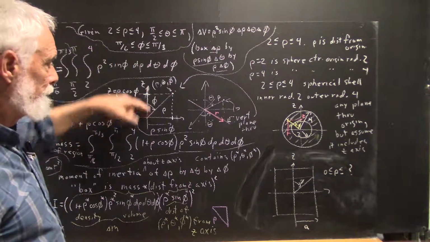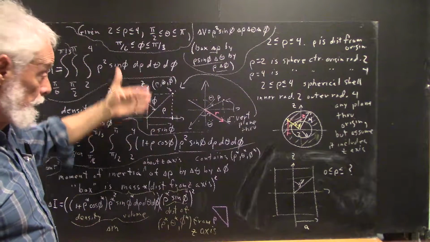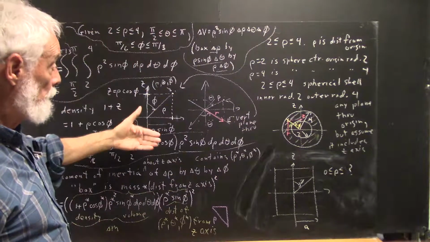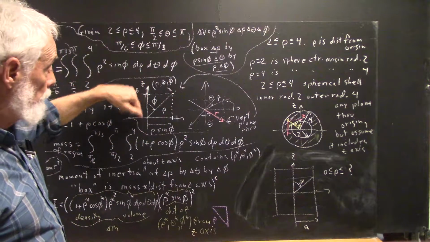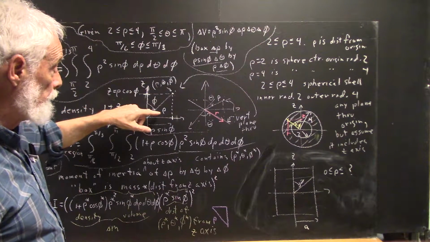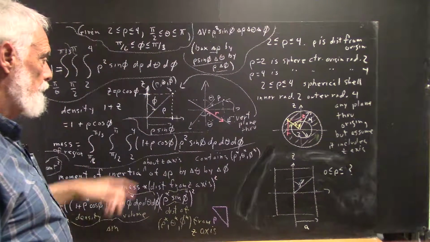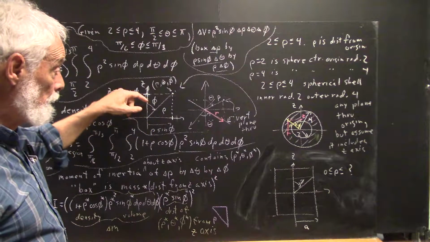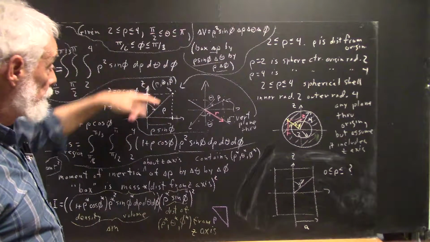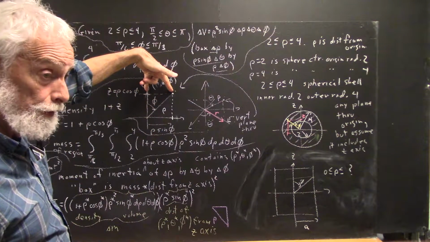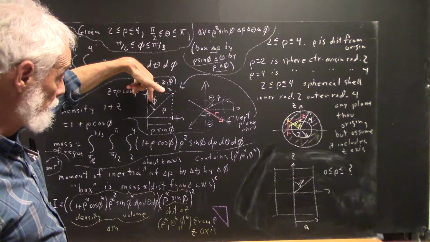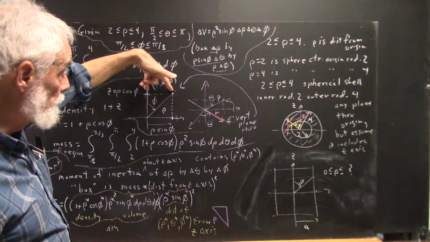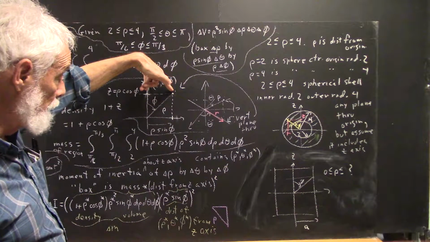Within this plane, same as any other plane, but within this plane we're seeing rho clearly, we're seeing phi clearly, and we see this triangle here that has hypotenuse rho and angle phi here. The distance from the z-axis is just this distance, and that's the side opposite the angle, where the hypotenuse is rho, so this distance is rho sine phi.